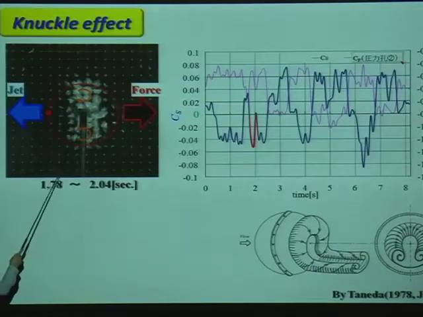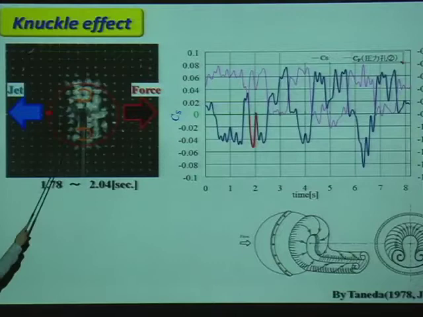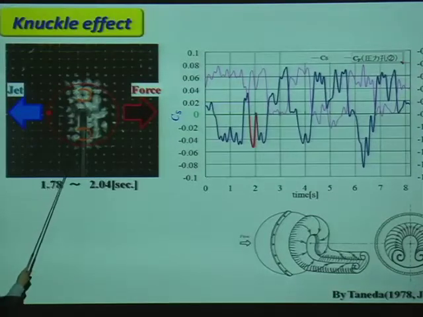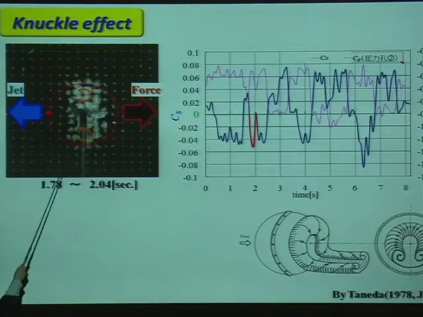And this arrow denotes the rotational direction of vortices. It seems that there are a pair of vortices. A pair of vortices appears leaning up and down.